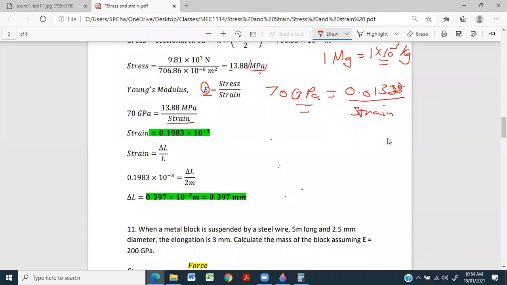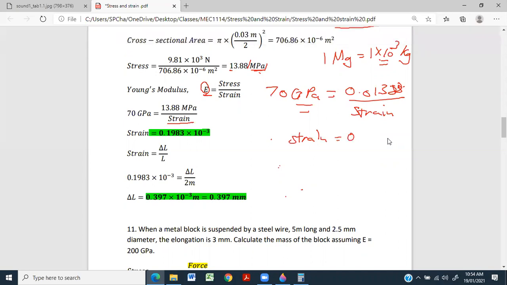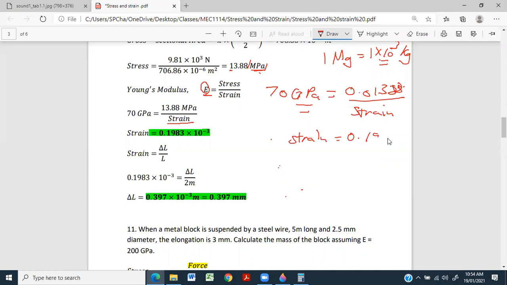Good. So dividing these two, we find strain to be equal to 0.1983 times 10 to the minus 3. And the way we get that is because this here is megapascals, right? And this is gigapascals. So let me just write the exponents: 70 times 10 to the power of 9 is equal to 18 times 10 to the power of 6 divided by strain, right?